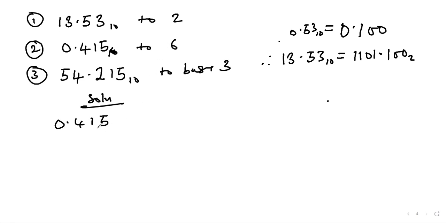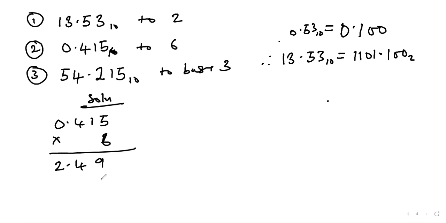To convert it to base 6, we do multiplication. 6 times 0.415 would be 2.49.